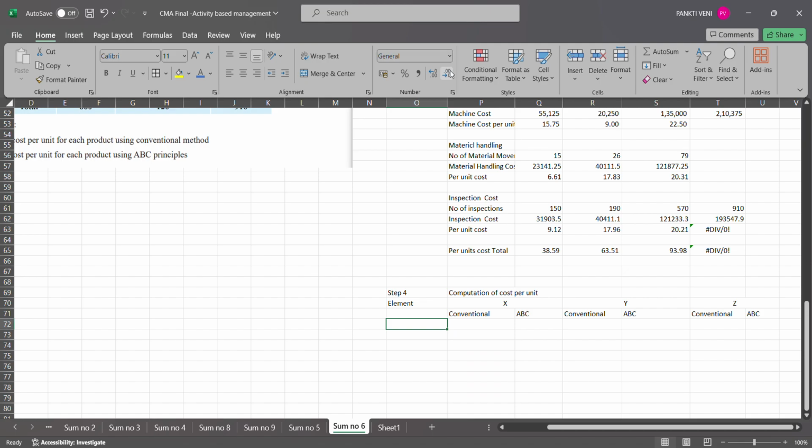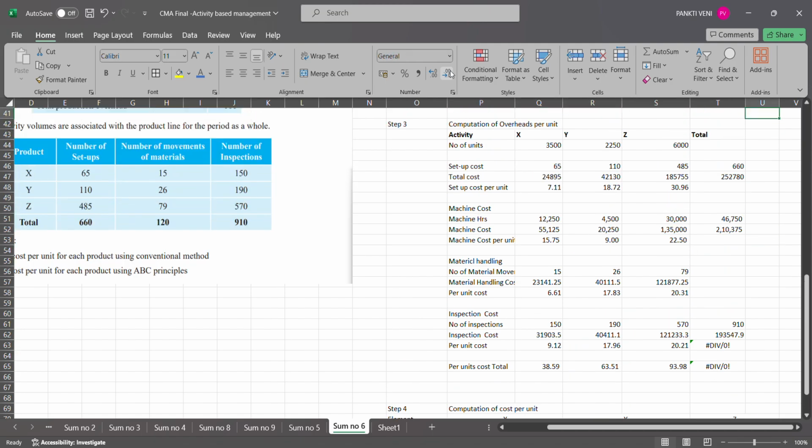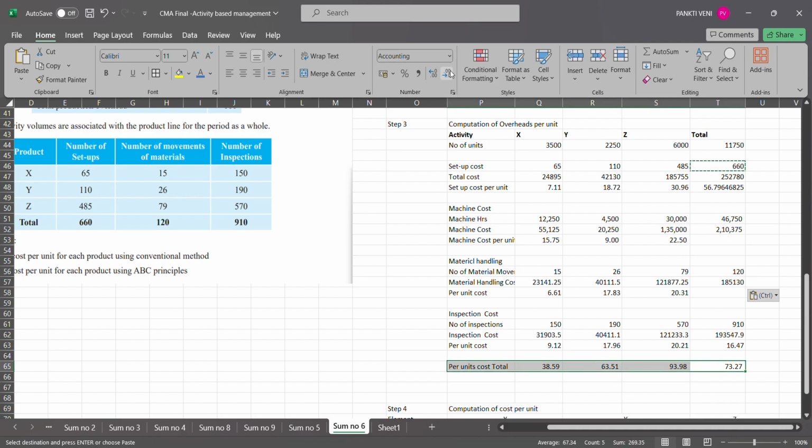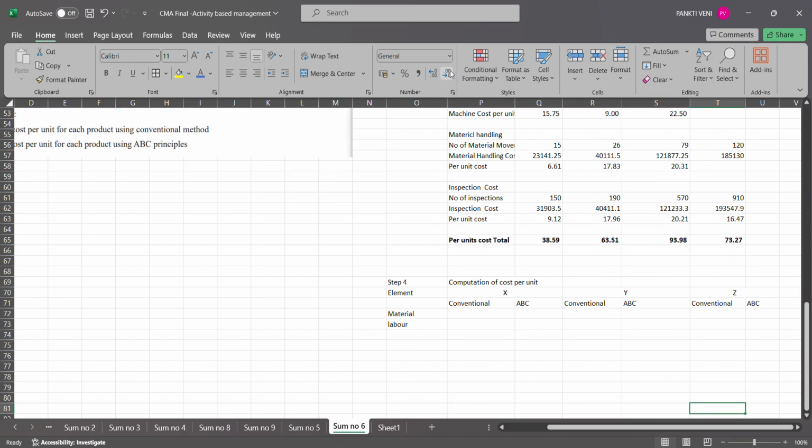I'll prepare the cost sheet. So material, then I have labor. So I totaled up. This is my total.